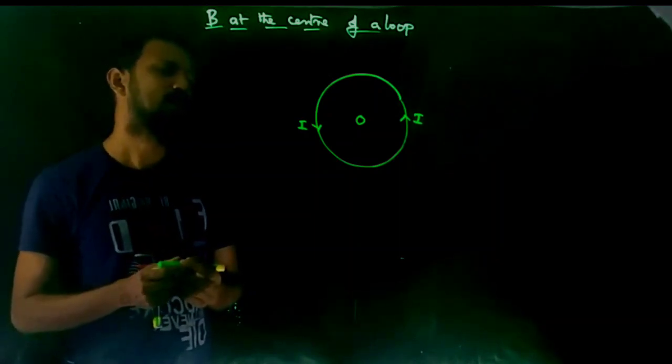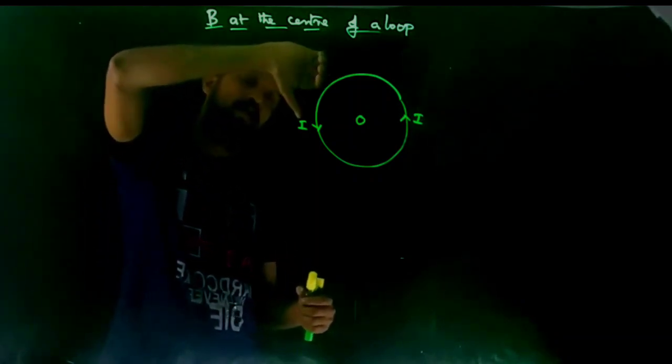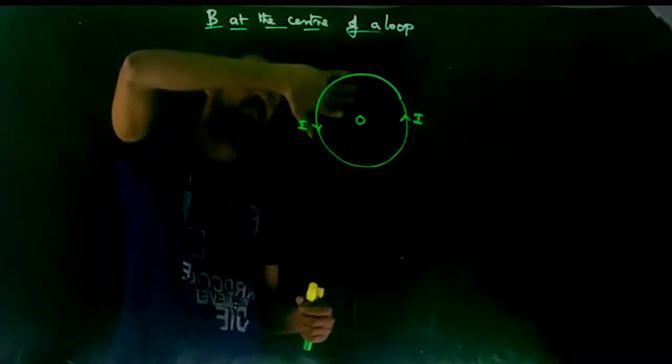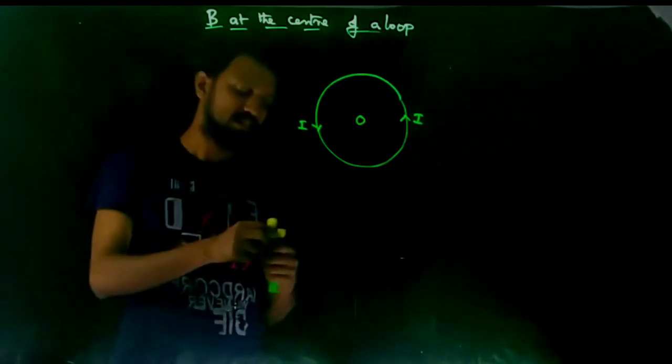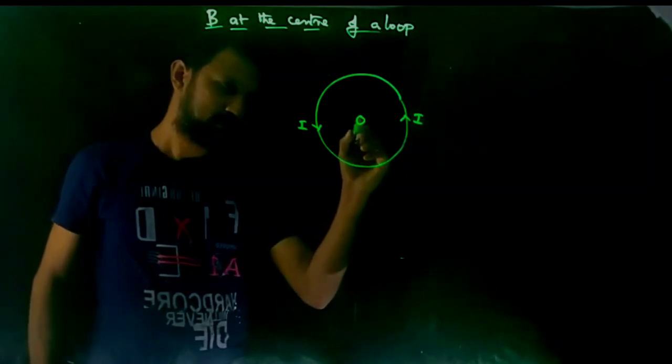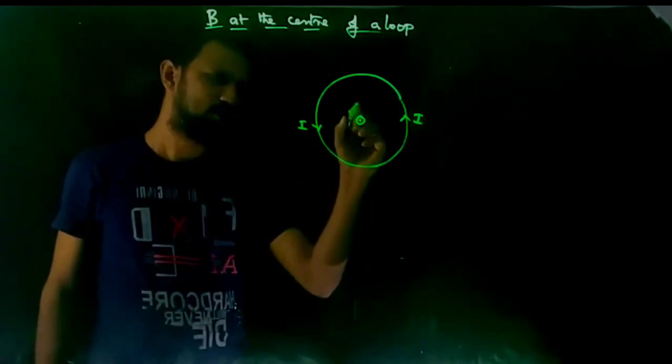If the current is clockwise, by using our right hand grip rule, we can understand the magnetic field intensity over here is outwards, and we have to find its value.